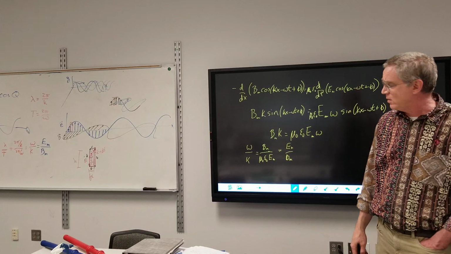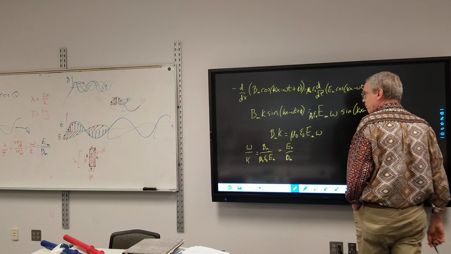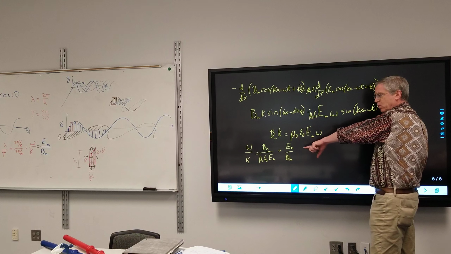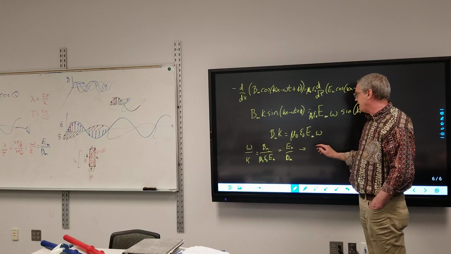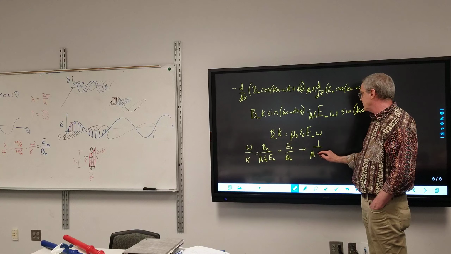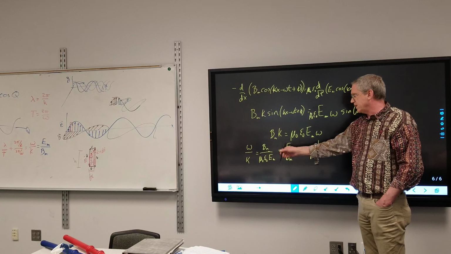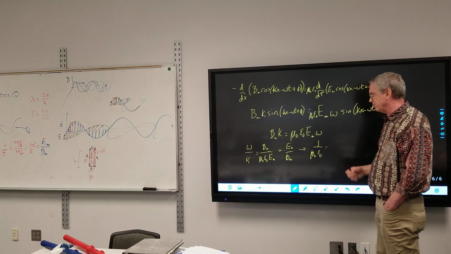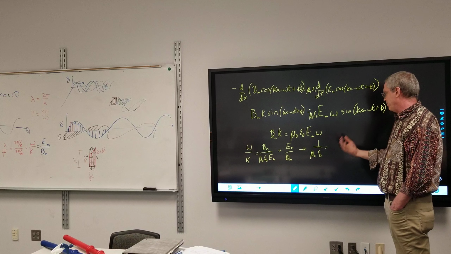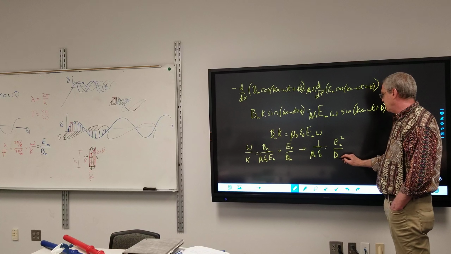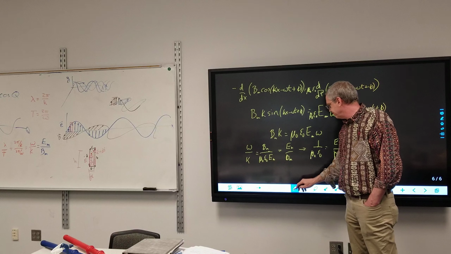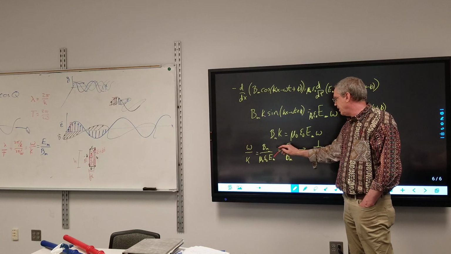Unless we made a mistake somewhere, what we derived before has to equal what we derived just now. So if we do that, I get 1 over mu sub naught epsilon sub naught equals, getting all my amplitudes over on the right-hand side, Em squared over Bm squared.